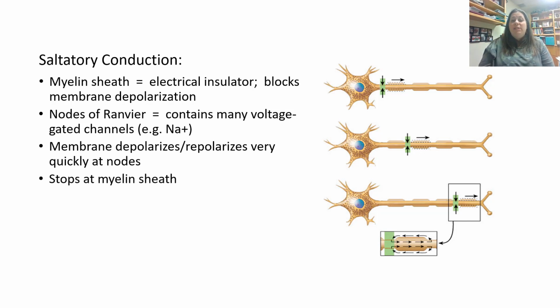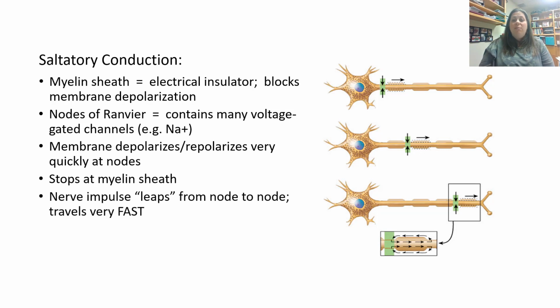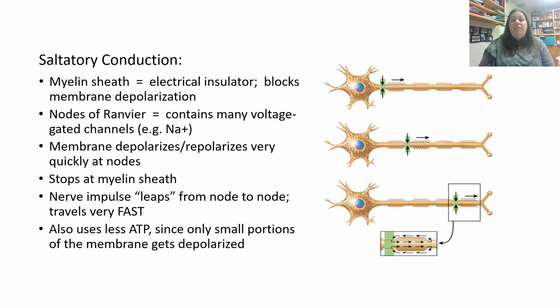We see that the depolarization is going to stop at the myelin sheath. So the nerve impulse actually leaps from one node to the next, which allows for very fast travel. Also, with this type of movement, less ATP is required because only a small portion of the membrane gets depolarized. So the resetting with those sodium and potassium pumps requires less ATP.